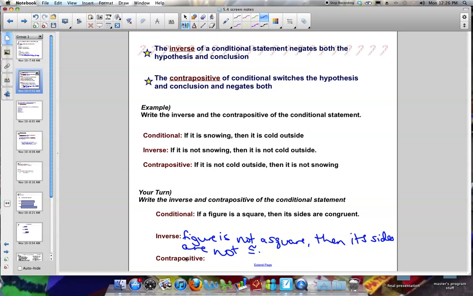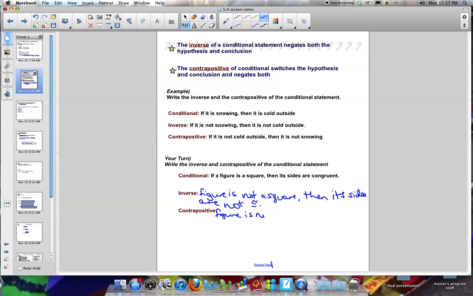The contrapositive would take the inverse and then switch the hypothesis and the conclusion. So the contrapositive would read, if the figure does not have congruent sides, then it is not a square.